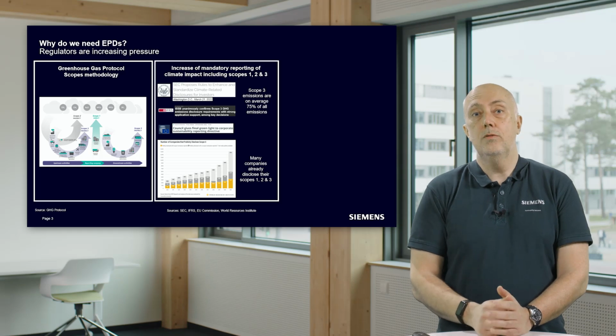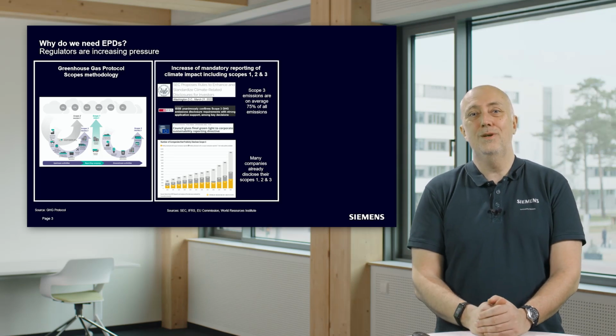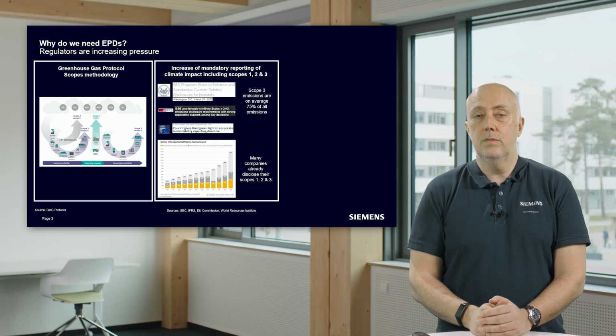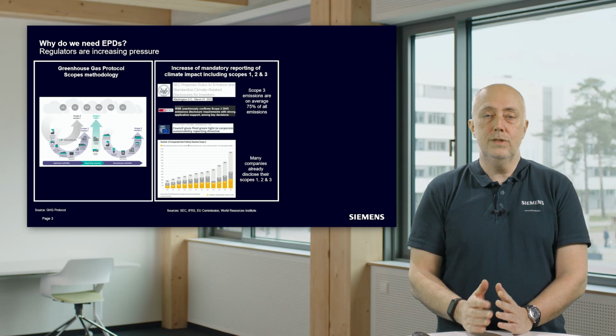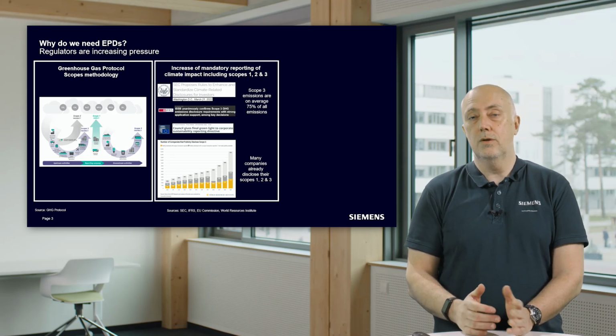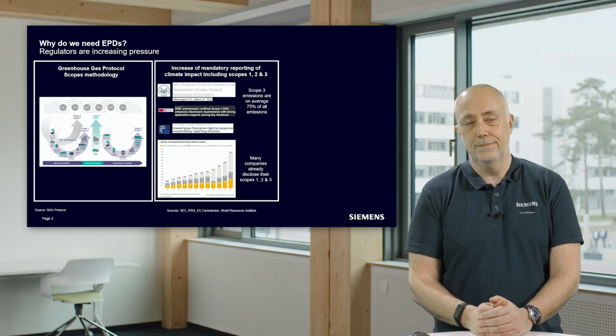Many companies already report the scopes, you can see that on the bottom here, but this will become a general requirement in the future. We will come to the utility of EPDs for the reporting of scopes a bit later in the webinar.